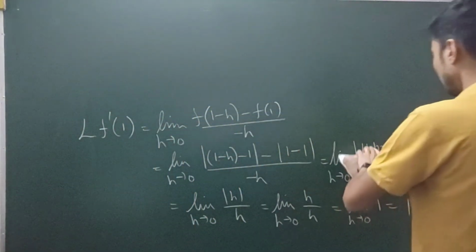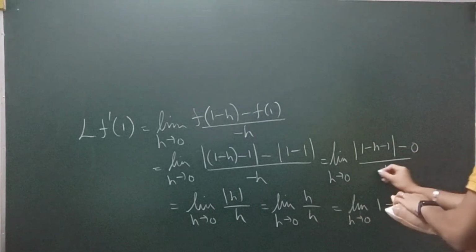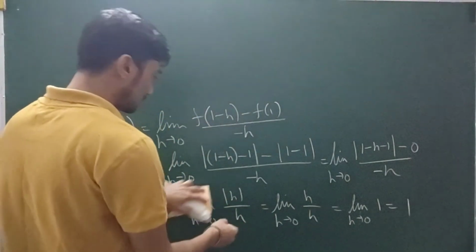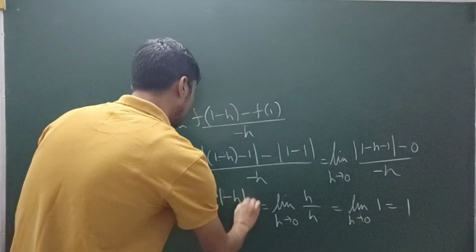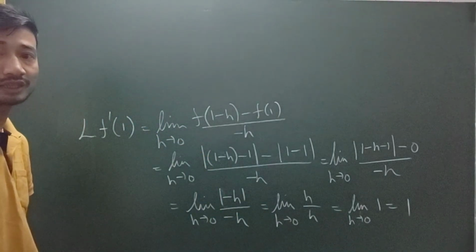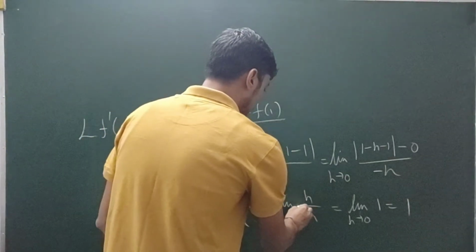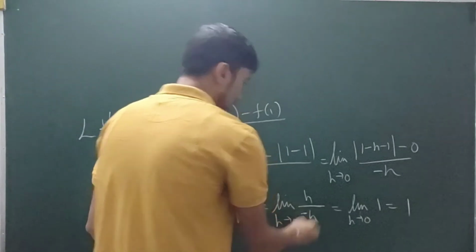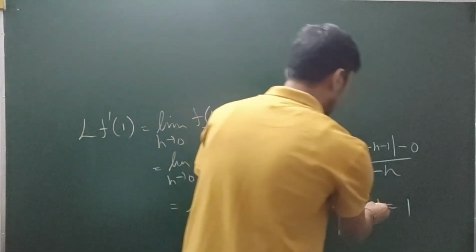So this will now be minus of mod h upon minus h. So that would be minus of mod h, of course it will be plus h, but this will be minus, because this we cannot change, minus h. So this will be minus 1.